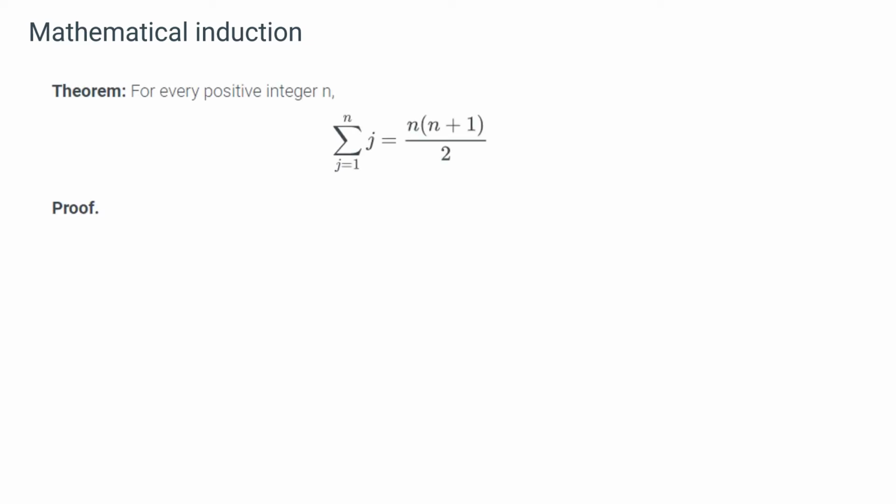Okay, so first of all, we're going to see a proof by mathematical induction. So here's the proof. Here's what we want to try to prove. We want to try to prove for every positive integer n, and we've got on the left side the summation as j goes from 1 up to n, adding up all of the terms j, that is equal to n times n plus 1 over 2.